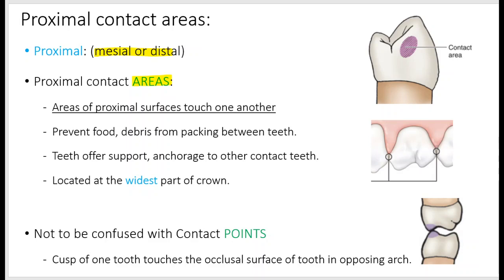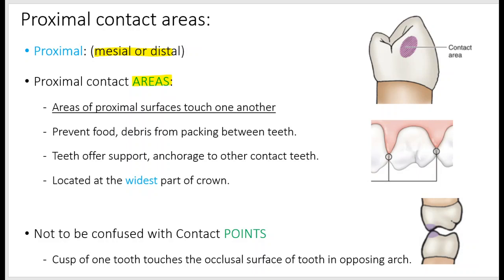These are important to keep our teeth clean so food would not get caught underneath in that area, in the bottom between the two teeth. And at the same time, it will help support other teeth because they're all kind of tucked together.